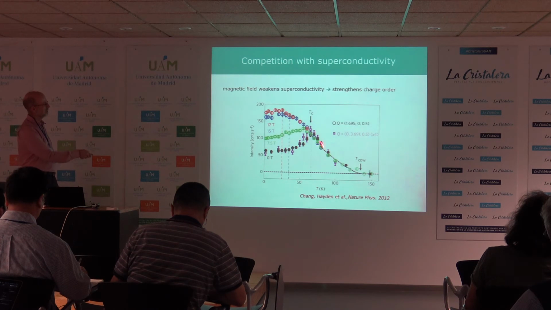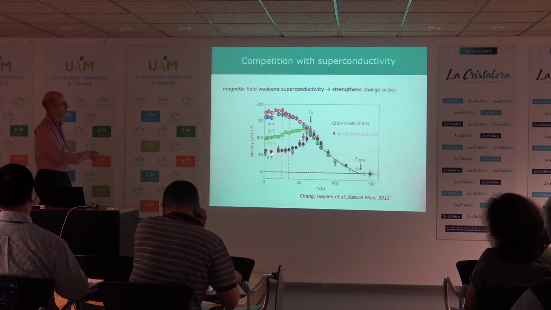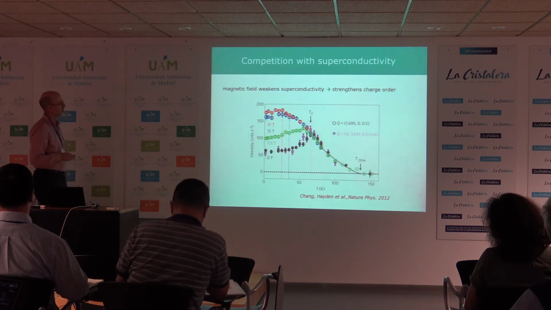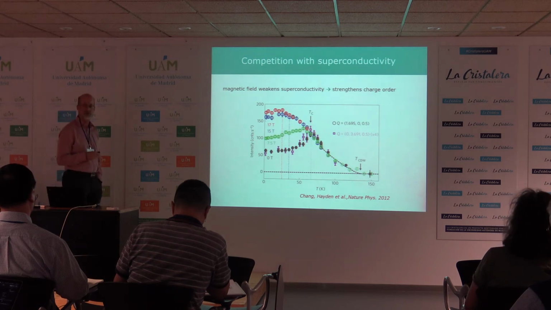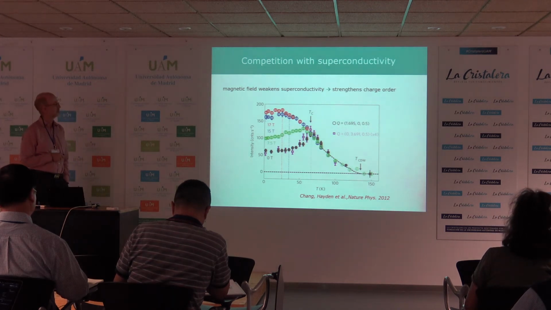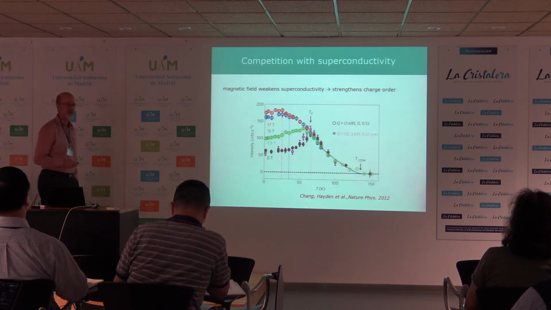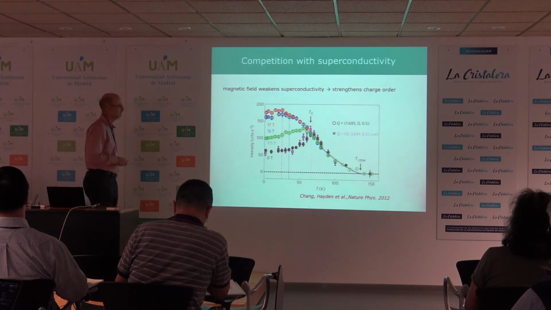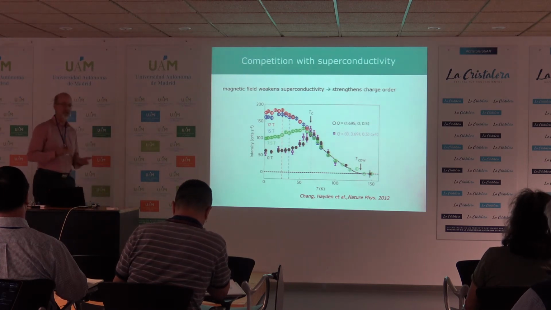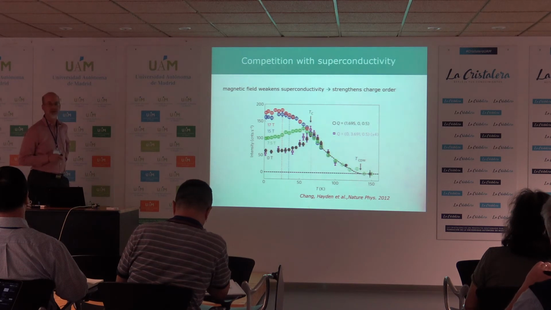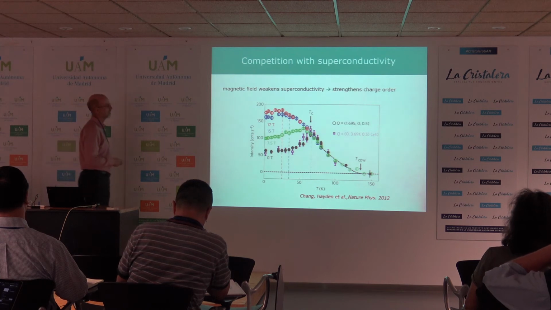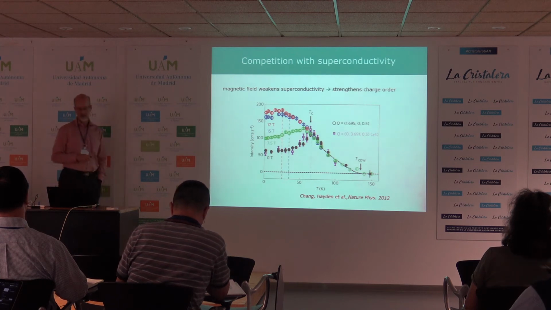Above TC, magnetic field doesn't do very much to the intensity, but below TC, you see a pronounced magnetic field dependence, which you can also attribute to the competition between superconductivity and charge density wave order. The magnetic field destabilizes superconductivity by orbital depairing, and if the charge density wave is comparatively unaffected, it will then gain relative to the superconductor and be strengthened by the magnetic field.